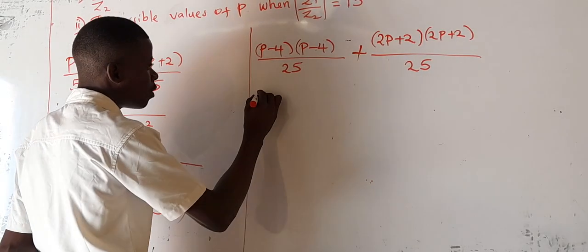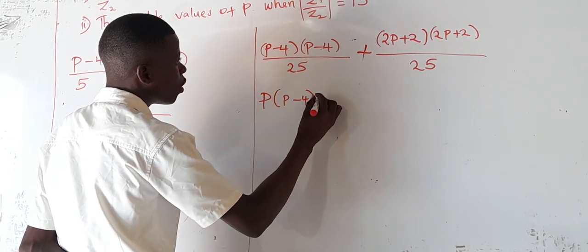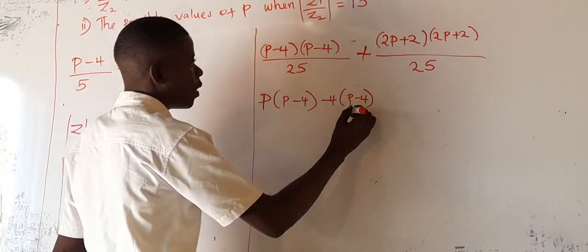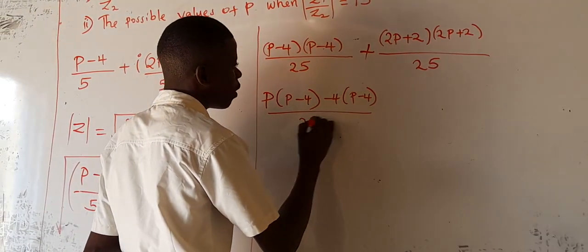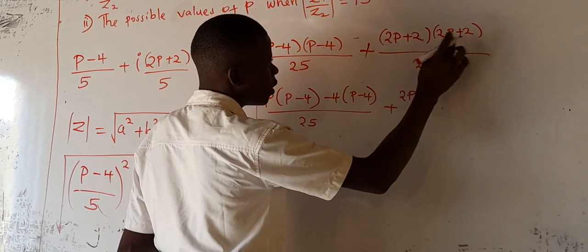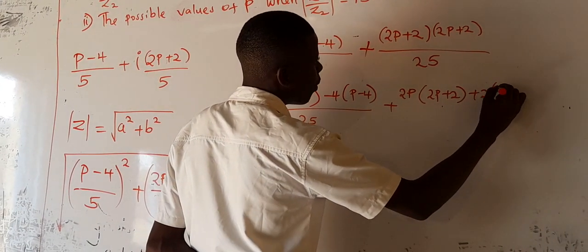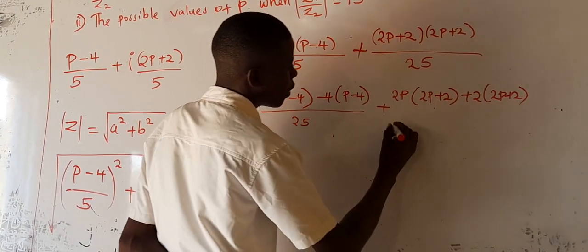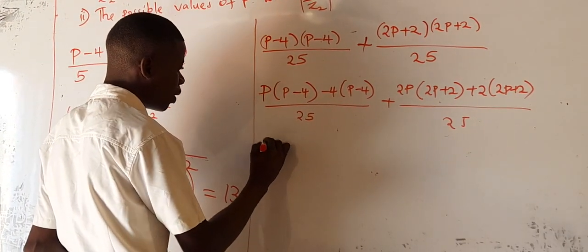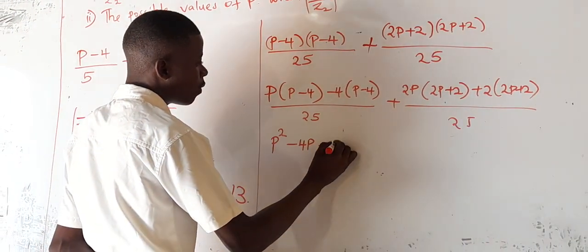So let us expand this. P into (P minus 4) minus 4 into (P minus 4), over 25, plus 2P into (2P plus 2) plus 2 into (2P plus 2), over 25. So this one will give us P squared minus 4P minus 4P.